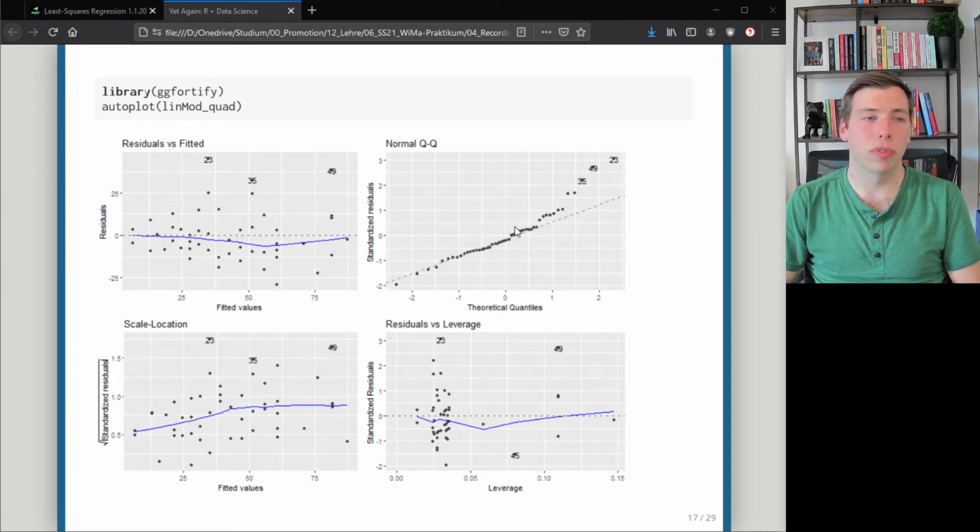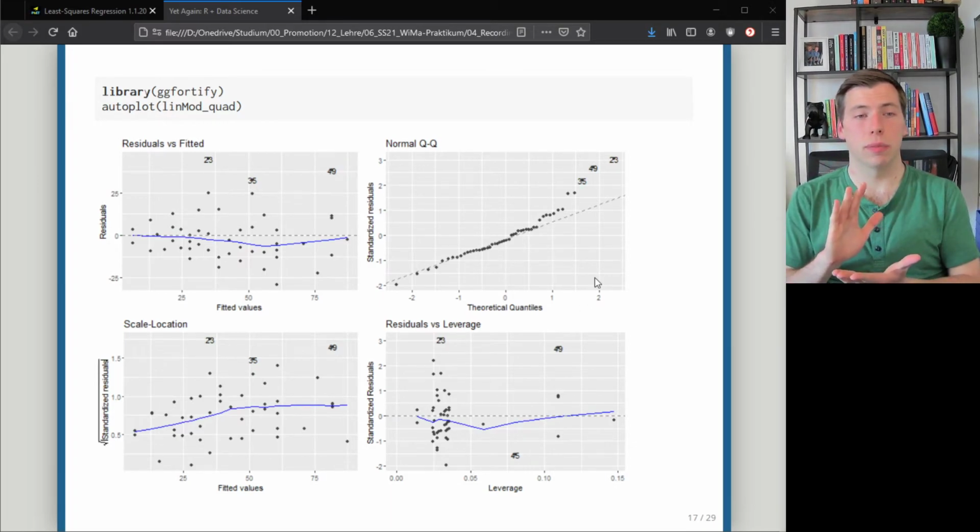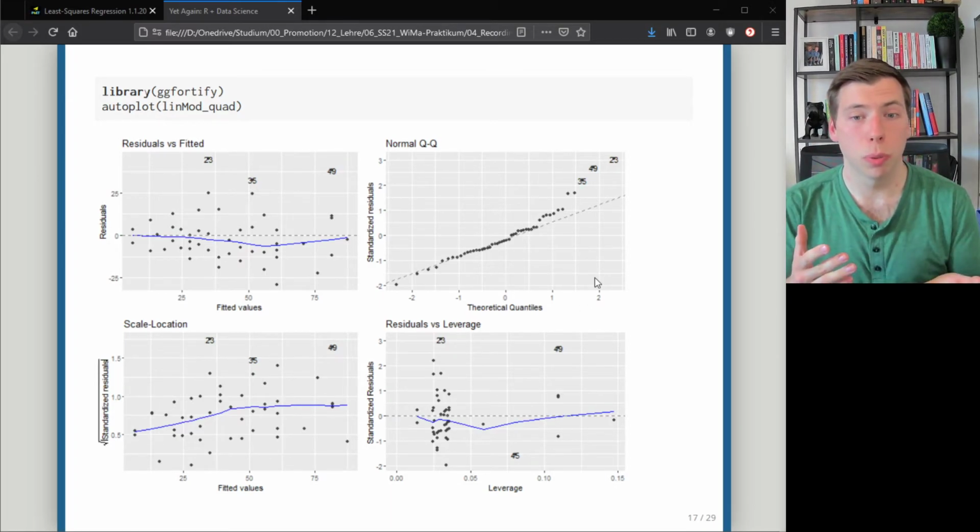If you were also removing outliers, you could see that there's an outlier here, depending on what you qualify as an outlier. You could also remove this one, and maybe this will change things even more. The point is that things improved with this quadratic term. Okay, that's how you use multiple linear models.